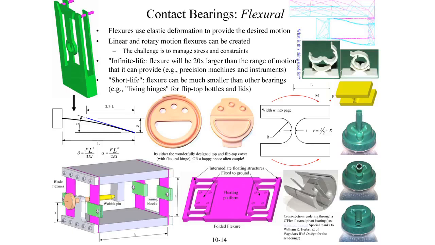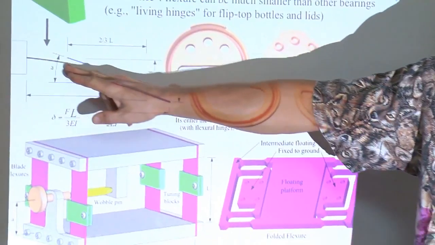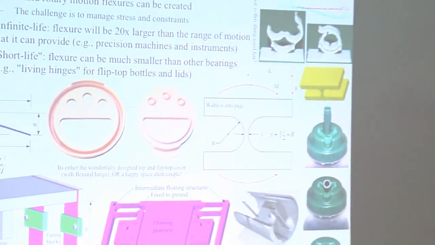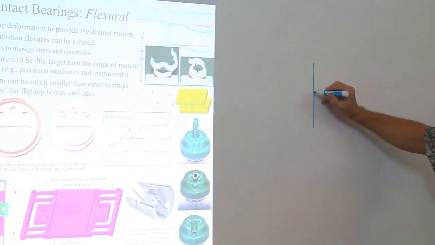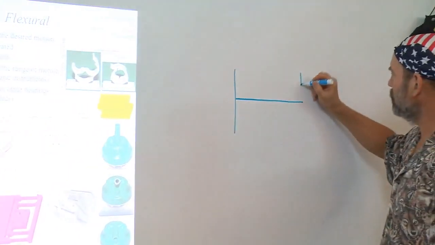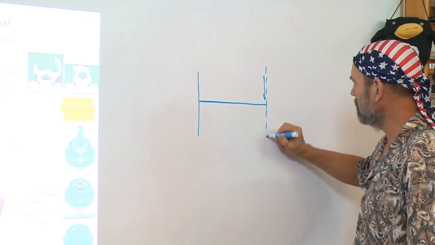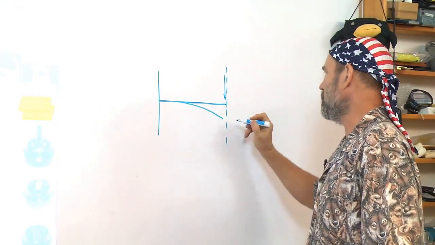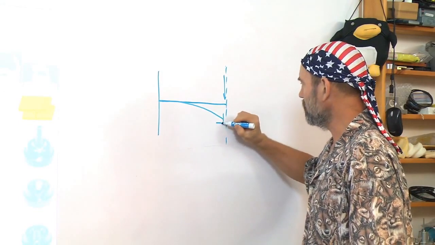And remember what we just said about parasitic motions, and look at this picture of a bending beam. So when you have a beam, just a simple cantilever, and you push down on it, there is a slight shortening of the beam. Very predictable.